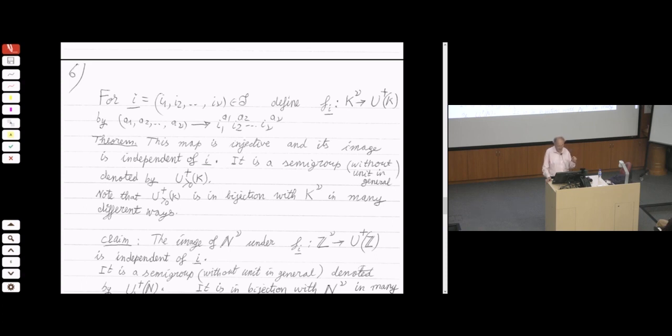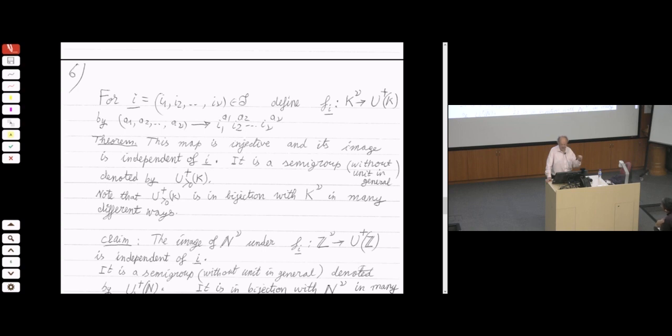So in that case, again, let's say the simplest case, this upper triangular part of a quantum group had a basis. There was also a Poincare-Birkhoff-Witt basis.